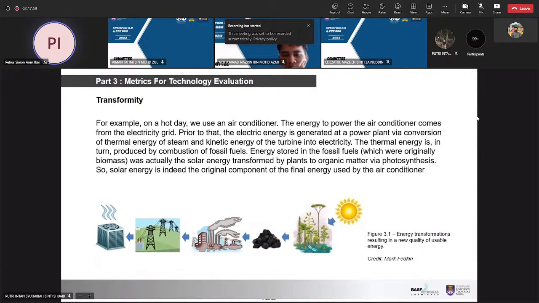The energy stored in the fossil fuels actually comes from plants through photosynthesis. So we can say that solar energy is indeed the original component of the final energy used in the air conditioner. So transformity is basically a change of state of energy from the source, which is the sun, toward the final form.